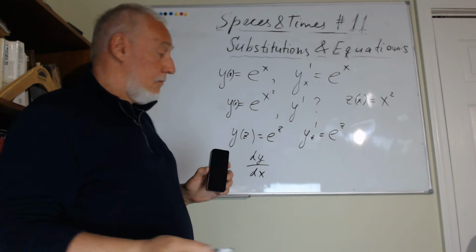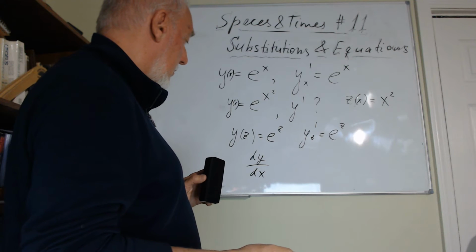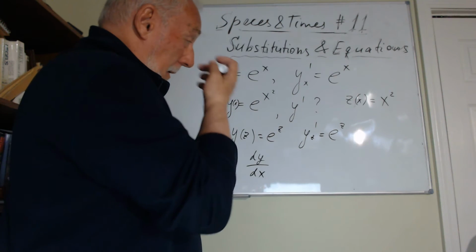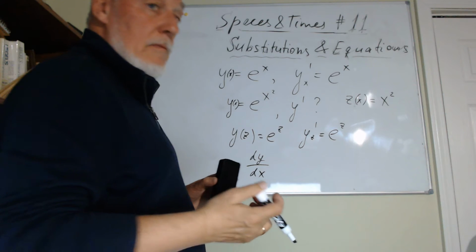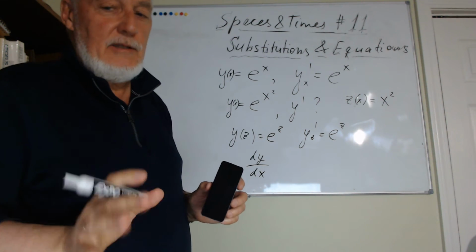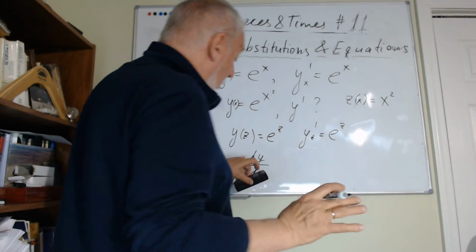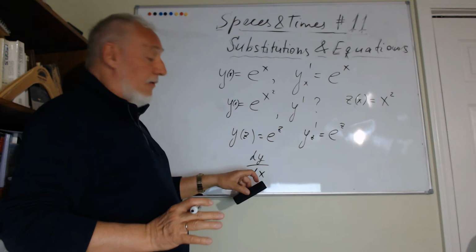So change in y is dy, change in x is dx. Kids know this terminology, rise over run. That's what the books use and what they teach in school. Anyway, it's dy divided by dx.